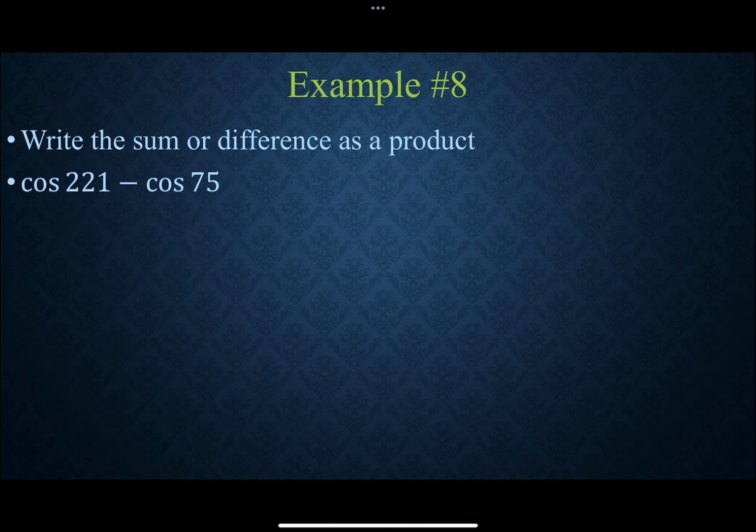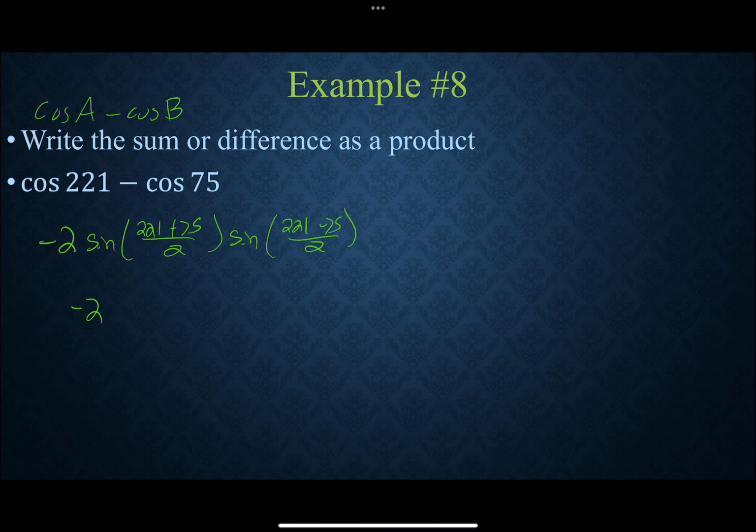So as our final one, there's no number to factor out. This is clearly our cosine A minus cosine B formula. So we're setting up, it's now a negative 2 out in front, sine of A plus B, so sine of 221 plus 75 over 2, and then sine of A minus B, so 221 minus 75 all over 2.